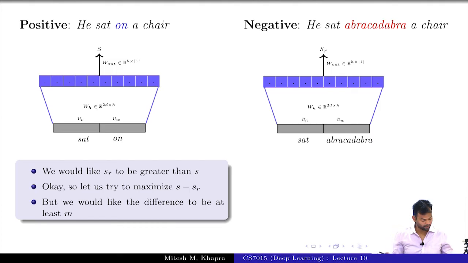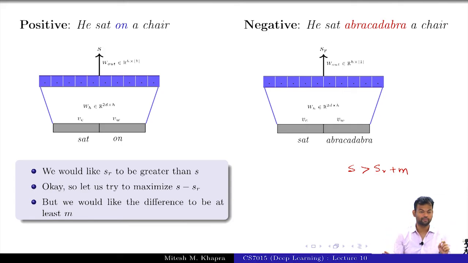What I'm trying to say is that this is my SR. I want S to be greater than SR. I'm not just happy with that. I'm saying that even if I add a margin to SR, even then this condition should hold. That is the same as saying that there should be at least a margin of M between them. That's the difference that I accept.